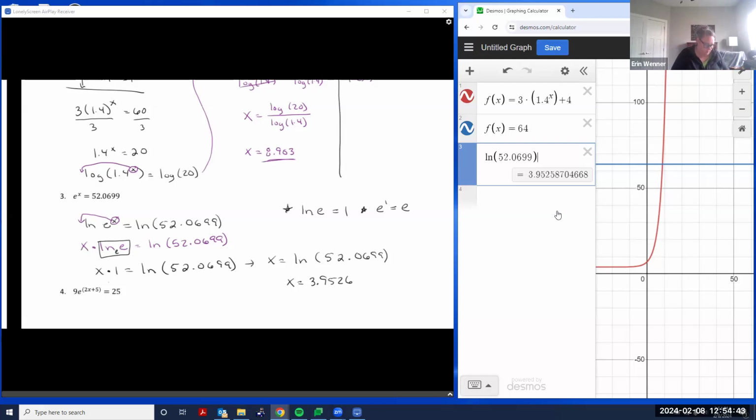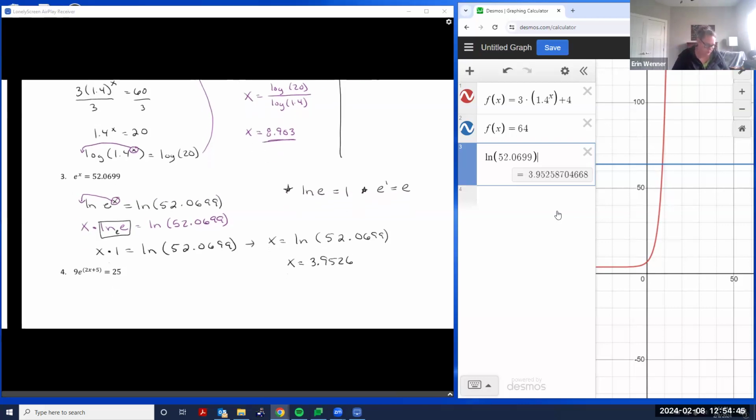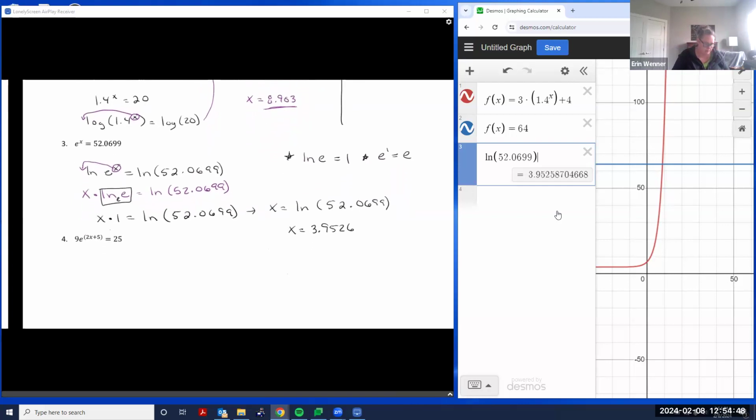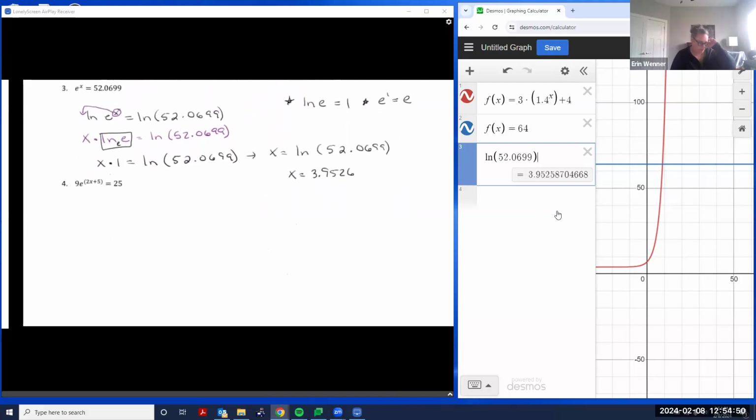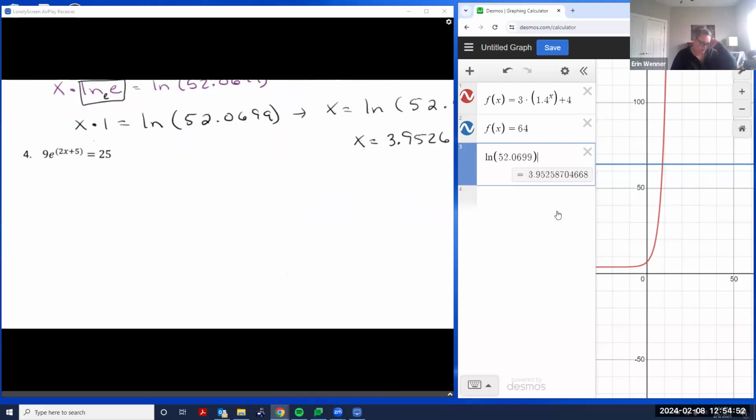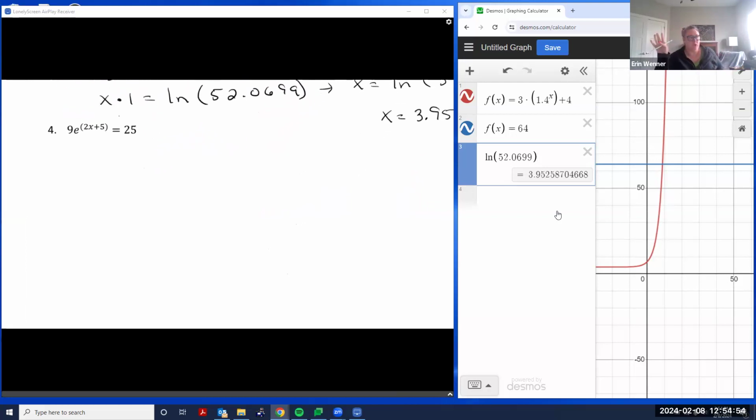Okay, so we're not going to just leave it there in terms of steps. We're going to make it more complicated, of course, because we're getting ready to solve word problems, and the word problems create complex equations, and so we have to be able to solve them. So I have 9 times e to the 2x plus 5 equals 25.